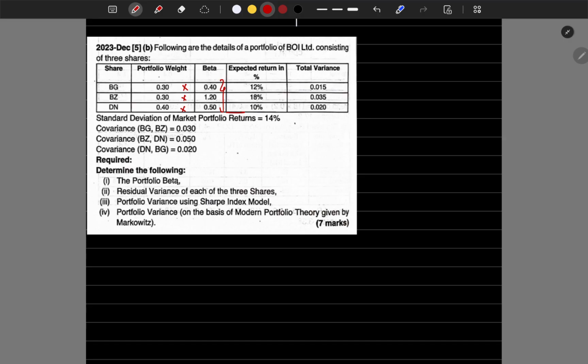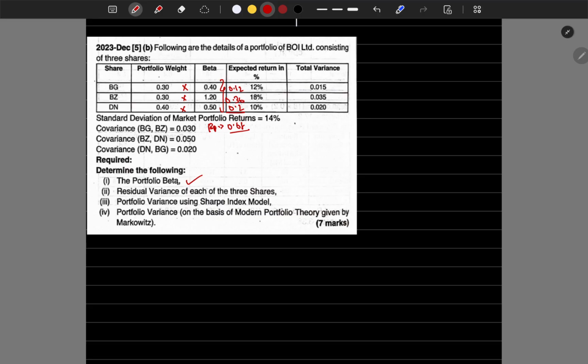Let me take a calculator. 0.3 into 0.4 is 0.12. 0.3 into 1.2 is 0.36. 0.4 into 0.5 is 0.2. Total: 0.12 plus 0.36 plus 0.2 is 0.68, which is the portfolio beta. So we have calculated the portfolio beta. Portfolio beta is very simple.